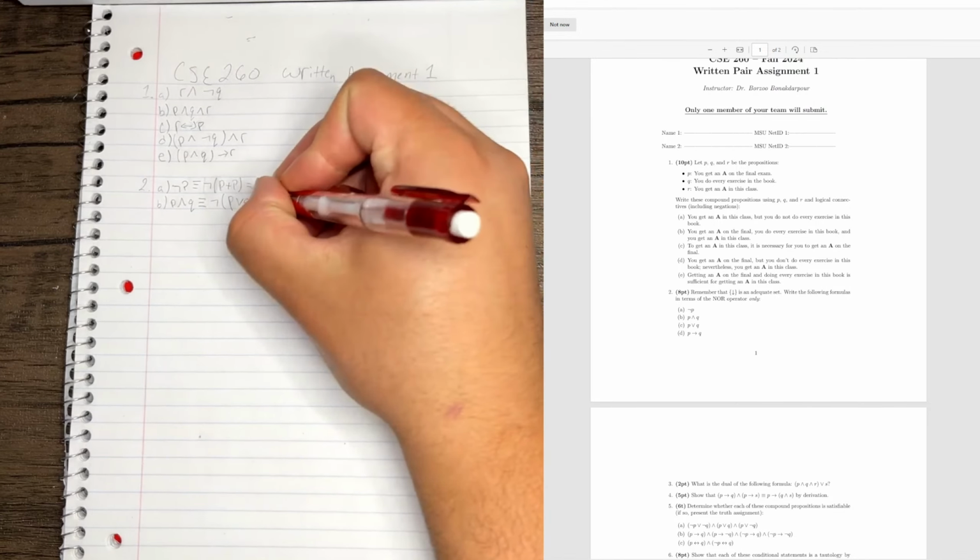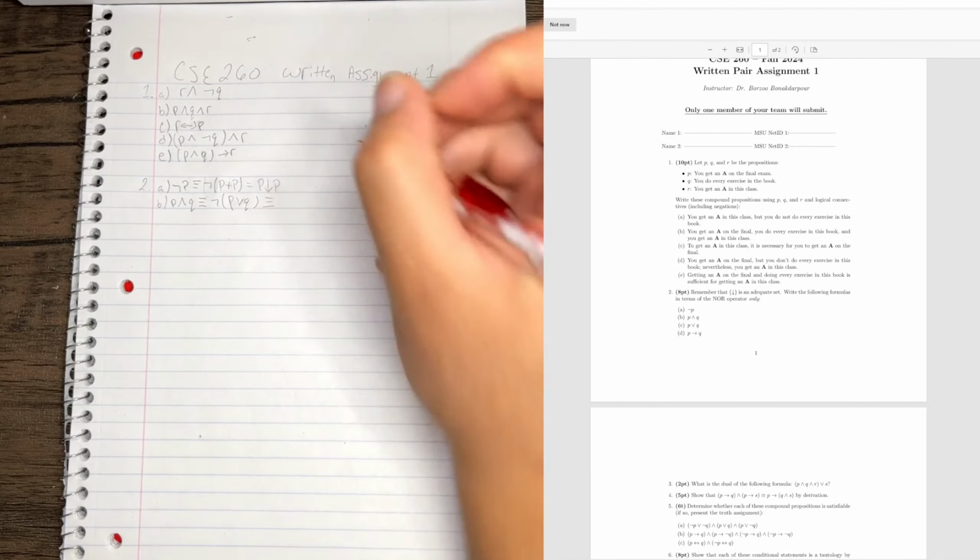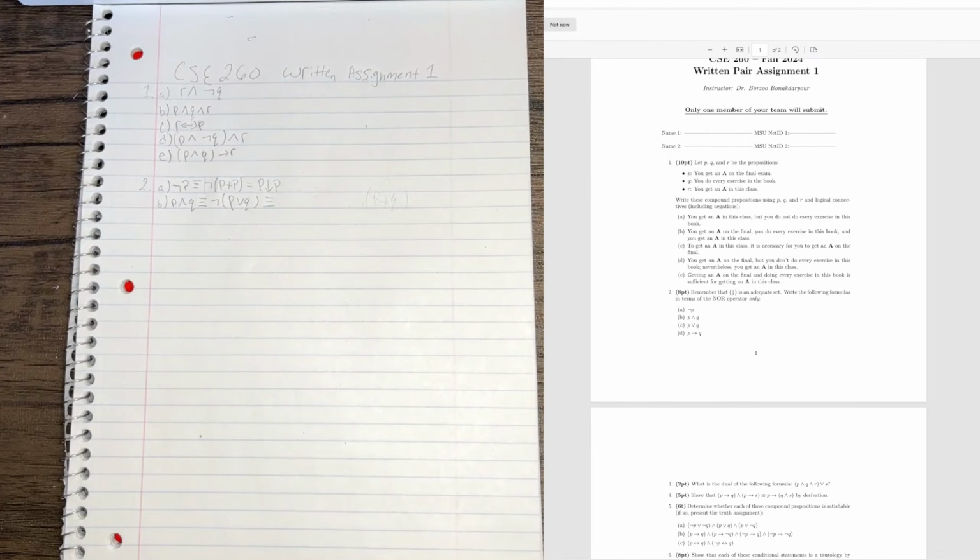Which is just equivalent to the NOR gate. So, but how is that? That's not what a NOR gate is, though. Like, that's what a NOR gate is, but that's not... Is that equivalent? No, that's not.